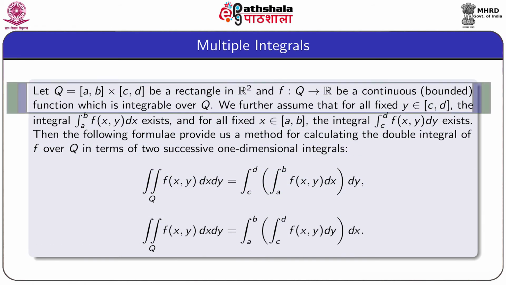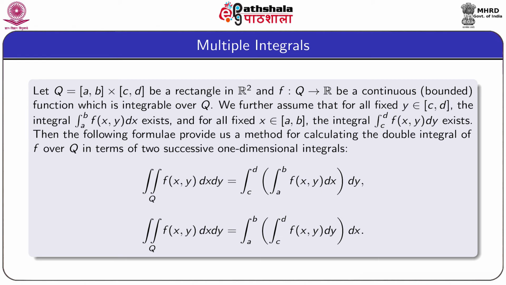Let Q be the Cartesian product of two bounded closed intervals AB and CD. So, this is a rectangle in R2, and let f from Q to R be a continuous function.